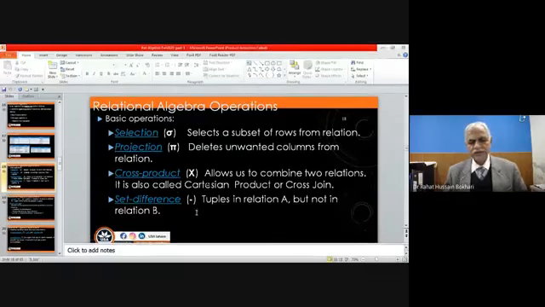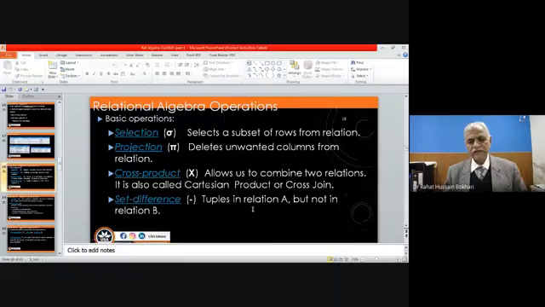Then we have set difference. If we have two sets, say set A and set B, and I have to calculate A minus B, what does it give us? Tuples in relation A but not in B. So if in one relation we have 10 tuples and in the other relation only 2, the set difference gives tuples in relation A that must not be available in the other relation.